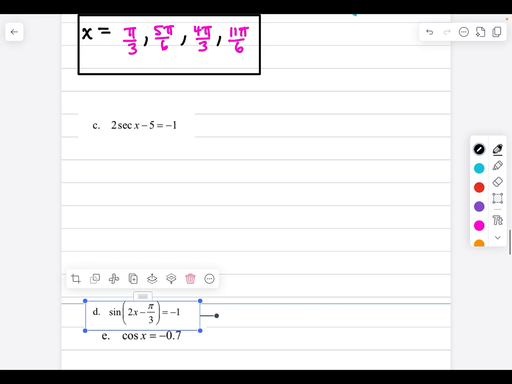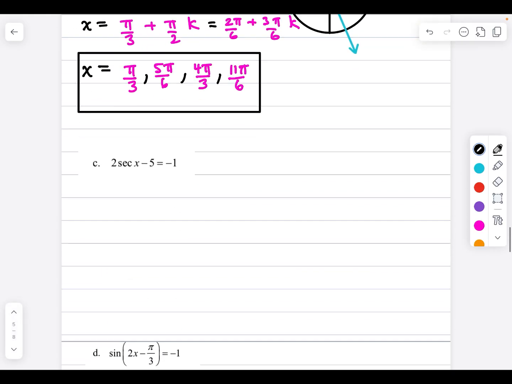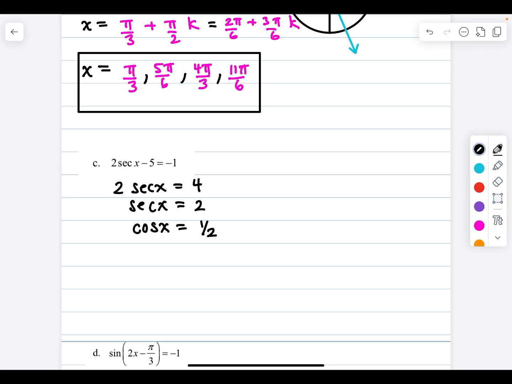All right. Part C. I'm going to add 5 to both sides of the equation. So I get 4 on the right side. I'm going to divide by 2. Now you can multiply both sides by cosine, or you could just take the reciprocal: secant of x is 2, so cosine of x equals the reciprocal of 2, which is a half.